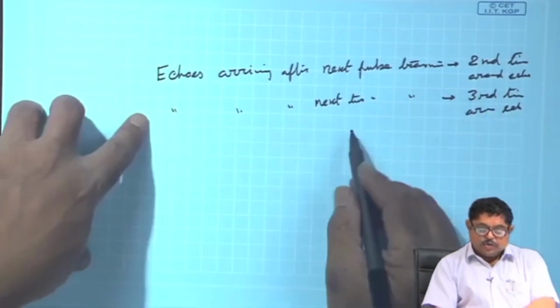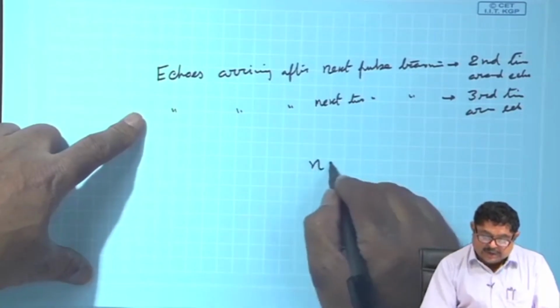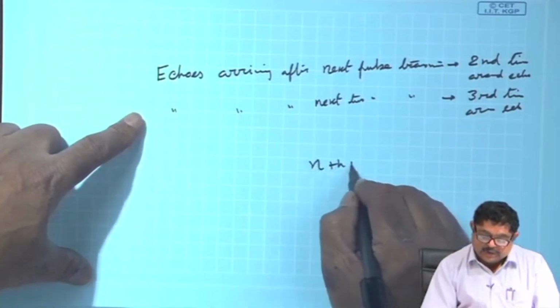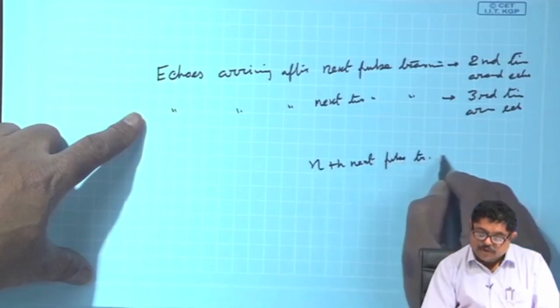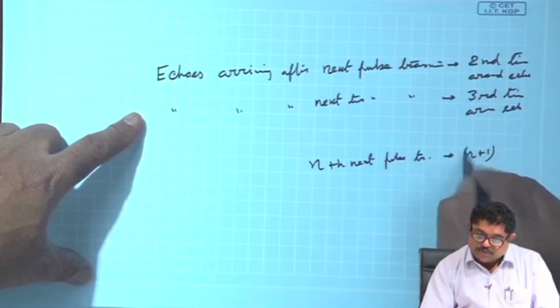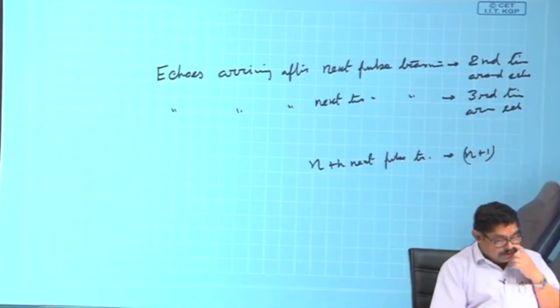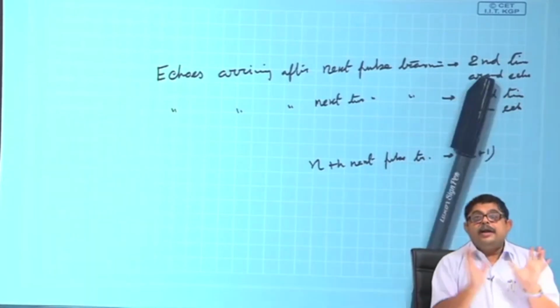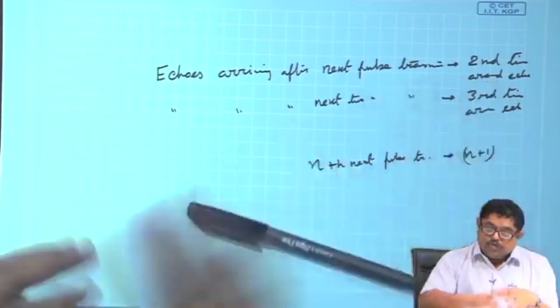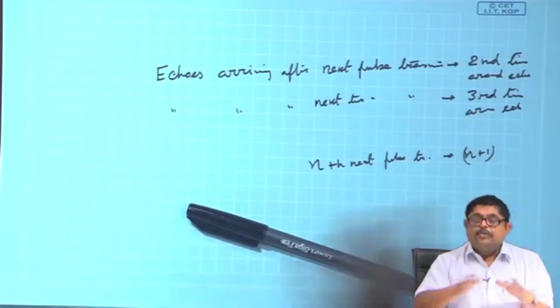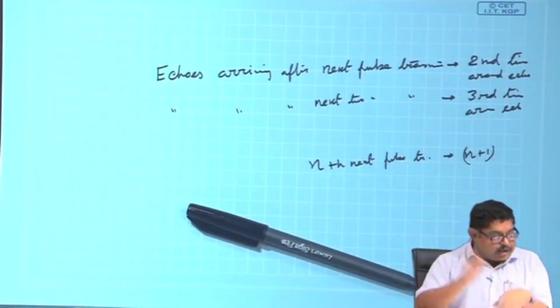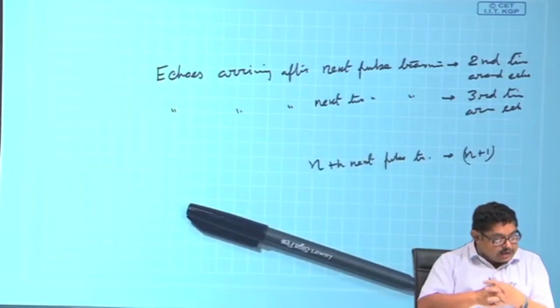So, echoes arriving after the nth next pulse transmission will be called n plus 1 time around echoes, etc. For an unambiguous range, we want that no second time around echo, third time around echo, none are present.